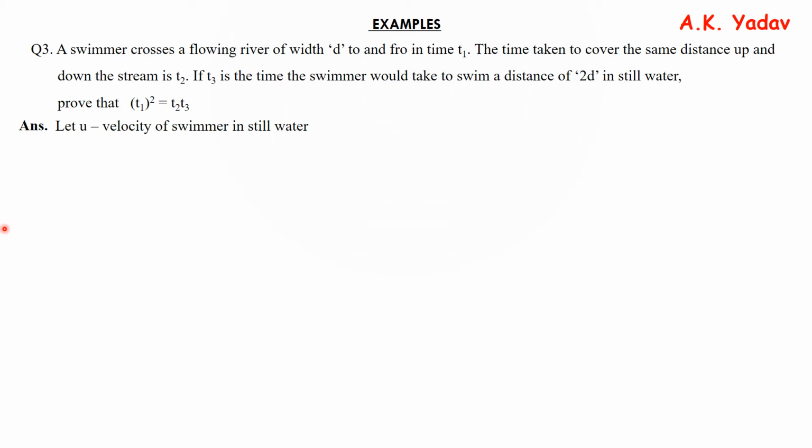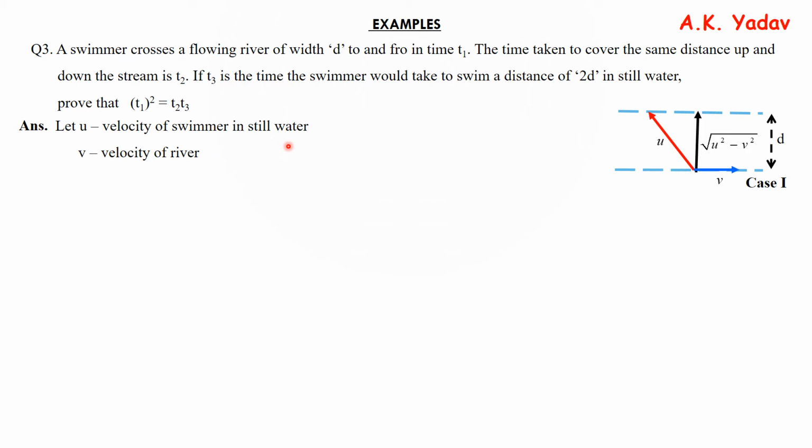So let u be the velocity of swimmer in still water and v be the velocity of river. Let's take case 1, river of width d. u is the velocity in still water, v is the velocity of the river. Now according to the parallelogram law, the resultant is under root of u square minus v square.